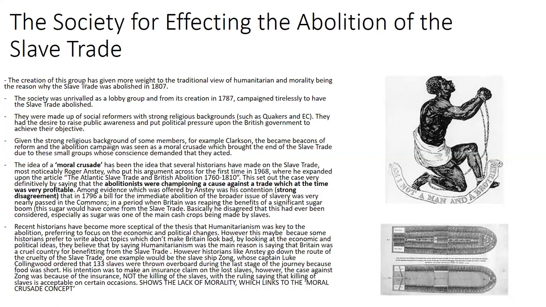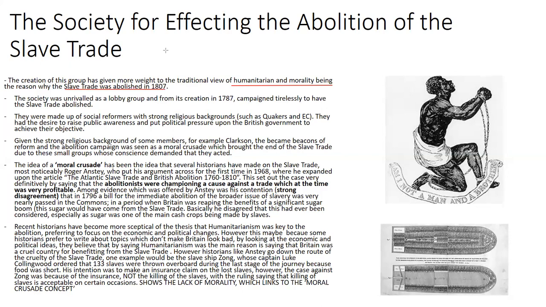Now, in terms of the traditional view, the creation of this group is seen as very important. The creation of this group is seen as sort of a figurehead, and it says here, has given more weight to the view of humanitarian and morality being the main reason why the slave trade was abolished.